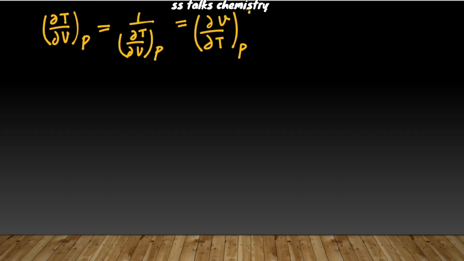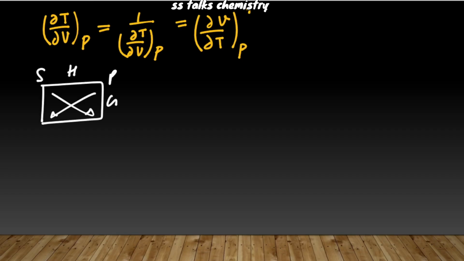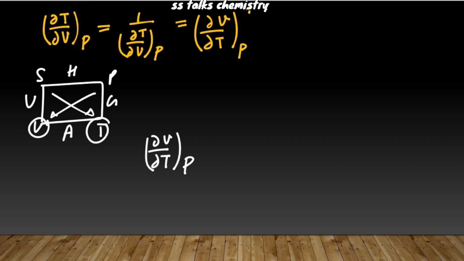Now using our Maxwell square, for del V by del T at constant pressure, the opposite of volume is the pressure term. A negative sign is placed because the arrow is going away from it.